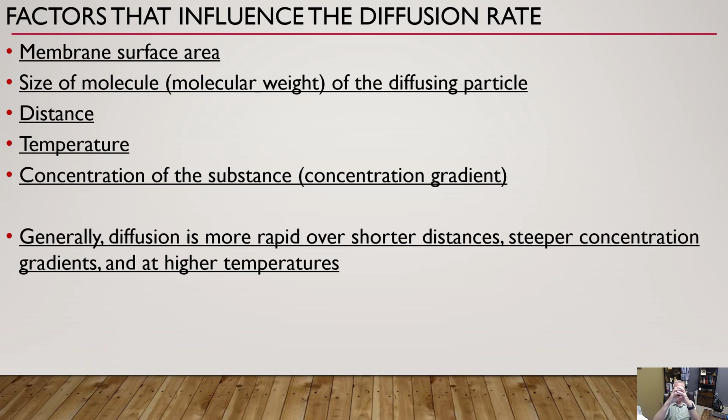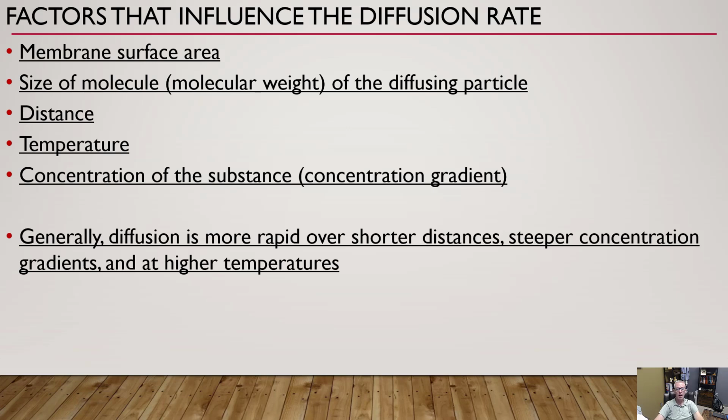Again, if we have a cell this big and a molecule that's this big, we're not going to be able to fit that molecule into that size of a cell. The distance. Using the perfume example, if I have a classroom that's the size of a football field, it's not going to diffuse as fast as if I have a classroom that's the size of a closet.